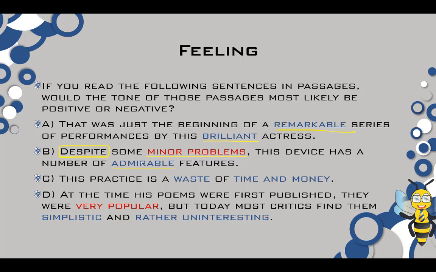Despite is like a pesar de. So we're saying that even though they had minor problems, they have admirable features. So even negative things, it is also something positive. What about letter C? This practice is a waste of time and money.